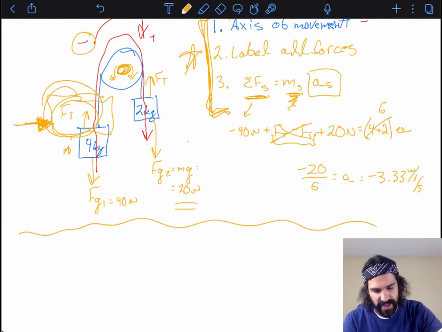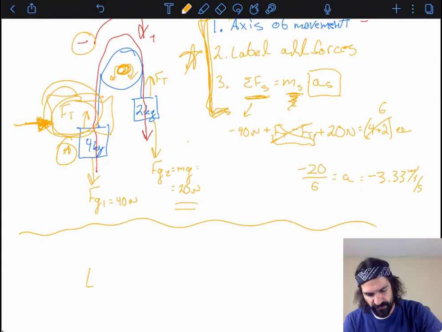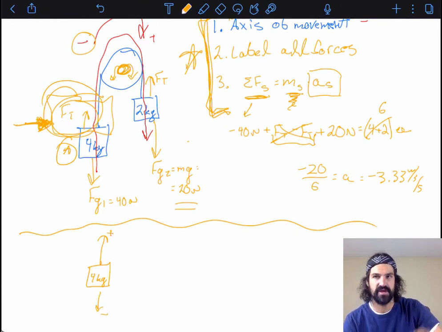So for block A, the one on the left, 4 kilograms, I'm going to keep my same axes where up is positive and down is negative, because up went clockwise and down went counterclockwise. So up is positive in this case, so we have tension up and the force of gravity downward.